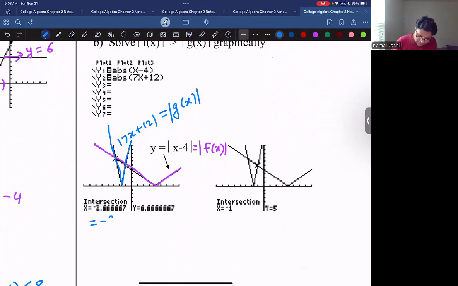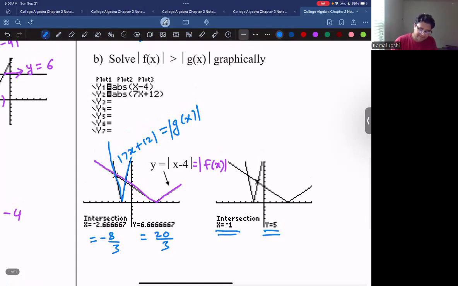Here x is -8 over 3, 2.6667 is 8 over 3, and y is 6.6667, which is 20 over 3 in exact terms. And here we have -1 and 5.